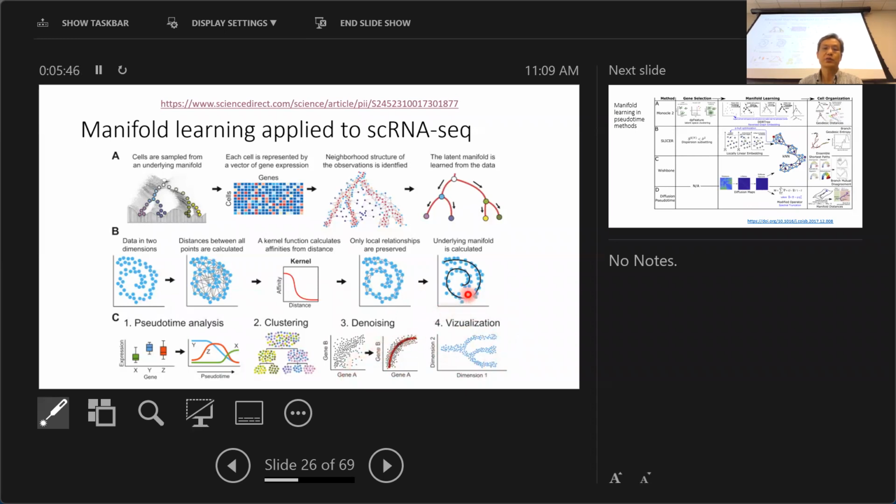To denoise, you can use one cell's expression to correct other cells' expression by looking at their nearest neighbors. Once you have this denoised data, you can recover the relationship between genes, because the values have been denoised and the relationships between genes may be clearer, so it will help you construct a gene regulatory network between your genes.